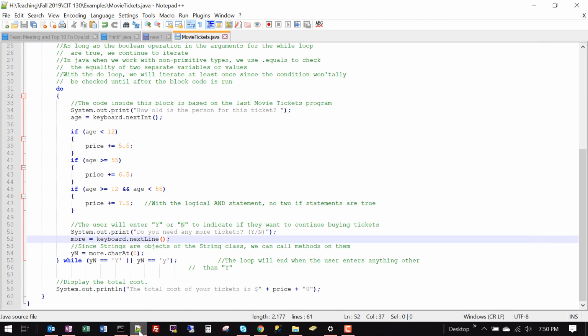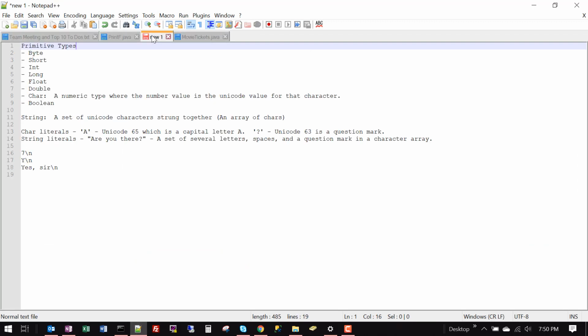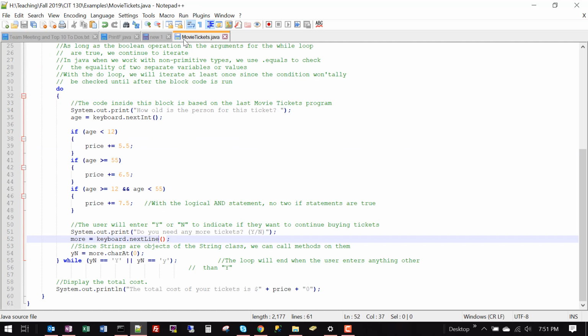Let's look back at our notes. So what's happening here is when I type in the 7 and the enter key, it takes the 7 as an integer and assigns it to the age. It did all these comparisons, added into the price.